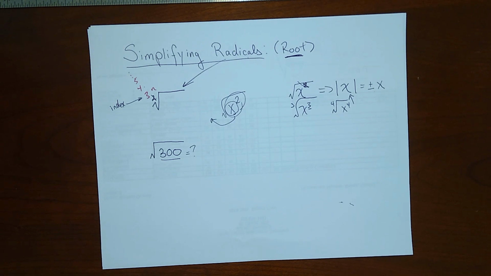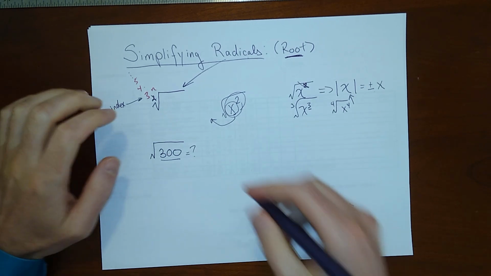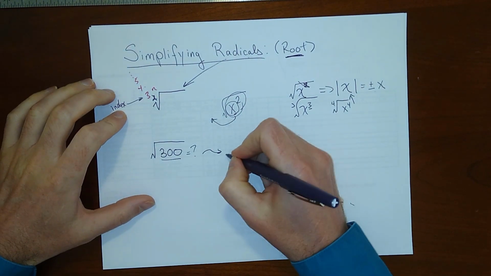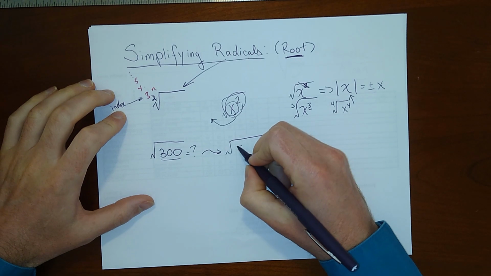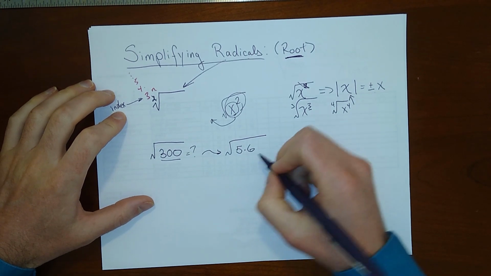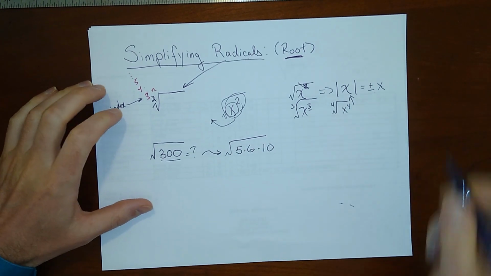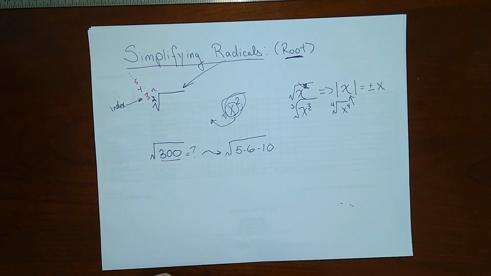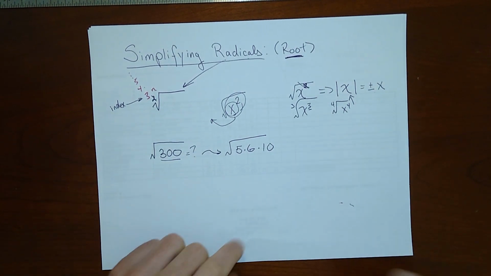But any number, I'm not changing anything about a number if I break it into its factors. So we could think about numbers that when multiplied together will give us 300. So I could write 300 as 5 times 6, which would be 30 times 10, for example. So I could write 300 like this.